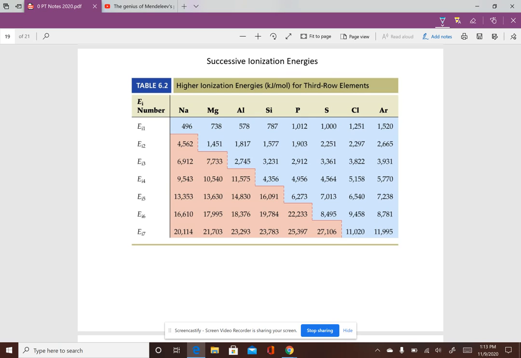So if I look at sodium, I'm going to use sodium as an example. This column is for sodium. 496 is its first ionization energy. So if I do the electron configuration for sodium, it's 2-8-1.